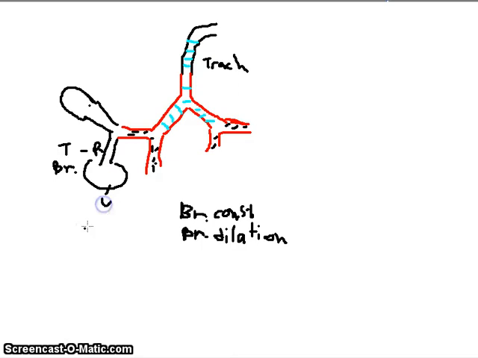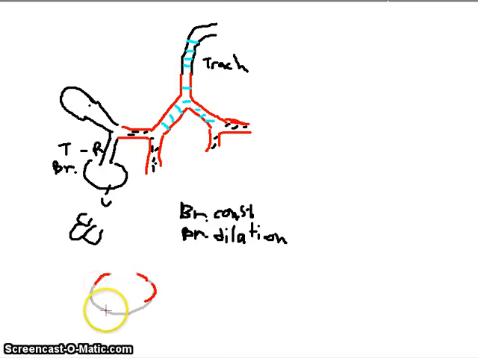The alveolar sacs present multiple alveoli. An alveolus is formed by two types of cells.